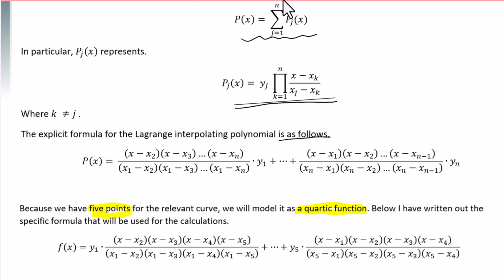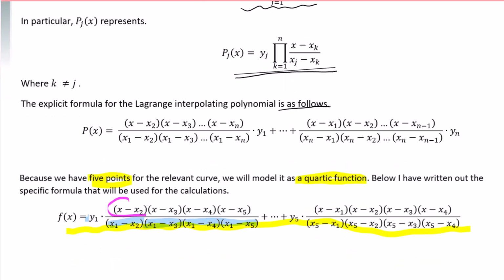For a quartic function, we can rewrite this Lagrange interpolating polynomial as this, because y1 over x1 minus x2 times x1 minus x3, x1 minus x4 times x1 minus x5 is a constant. Let's work out this numerator first.